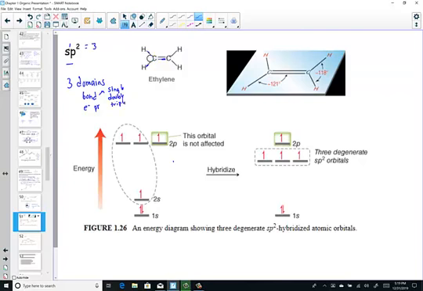So when I look at ethylene, this carbon has 1, 2, 3 domains. Now that tells me the superscripts add to 3, an sp2 hybridization. And this is the key. sp2, in terms of its molecular geometry, is known as trigonal planar.